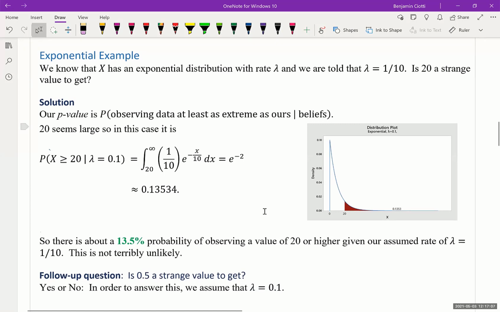Yes or no, folks? In order to answer this question, I assume that lambda is 0.1. Yes or no button.